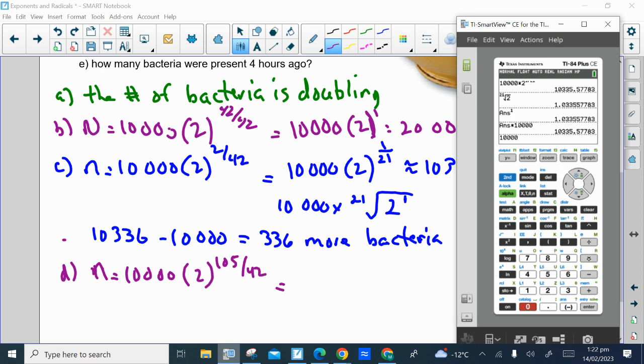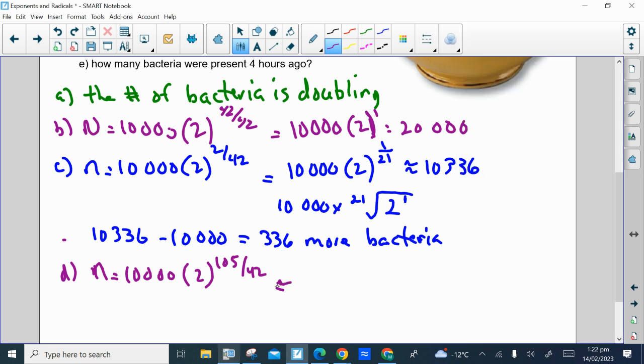So 10,000 times 2 to the power 105 over 42, 56,567 approximately, if I round to the nearest bacteria.